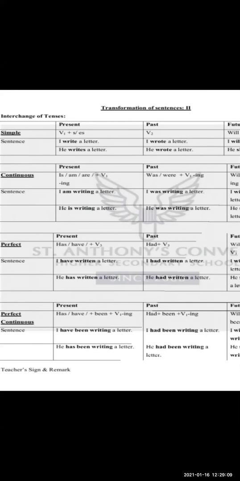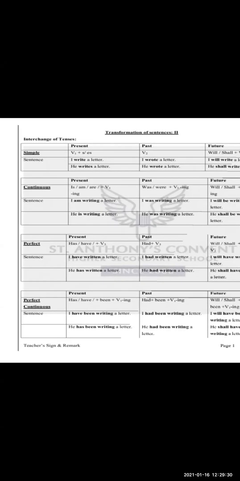Then we see continuous present tense, continuous past tense, continuous future tense, perfect present tense, perfect past tense, and perfect future tense, perfect continuous present tense, perfect continuous past tense, and perfect continuous future tense. We are seeing all these things in this lecture.